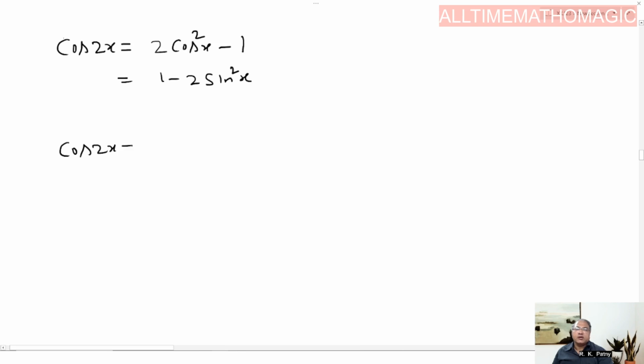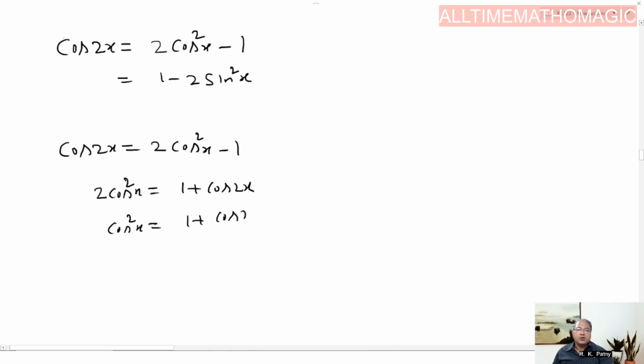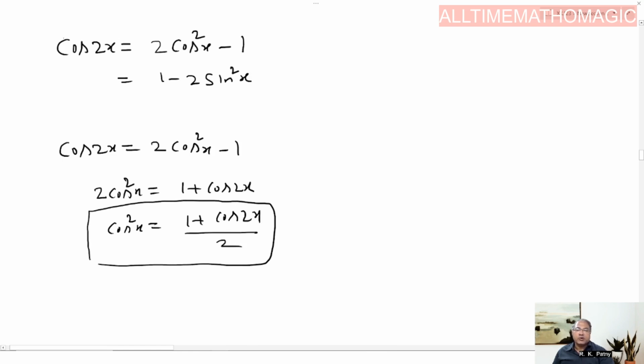Cos 2x equals 2 cos square x minus 1. So 2 cos square x equals 1 plus cos 2x, and cos square x equals (1 plus cos 2x) upon 2. When you are doing integration of the cos square function, you must remember this formula: cos square x equals (1 plus cos 2x) upon 2.